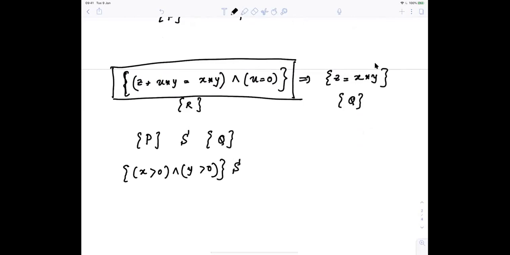Execution of the statements S leads to the assertion z equals x star y. This is called one simple rule of inference.